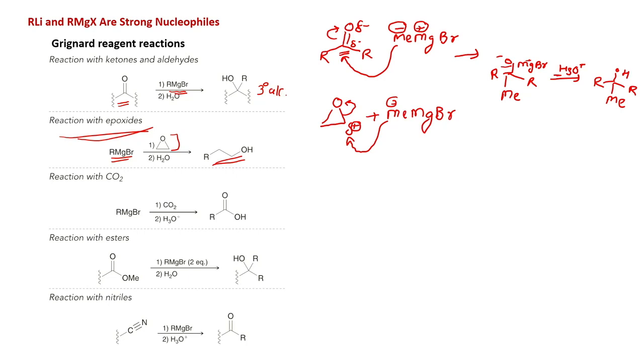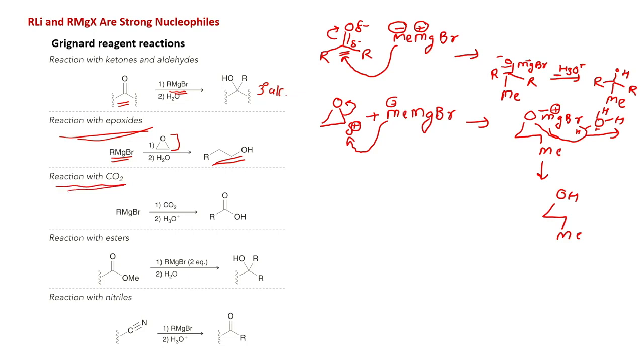This will react here and it will give you methyl and OMgBr. Next, with the hydronium, this will abstract one hydrogen. You will get your primary alcohol product.